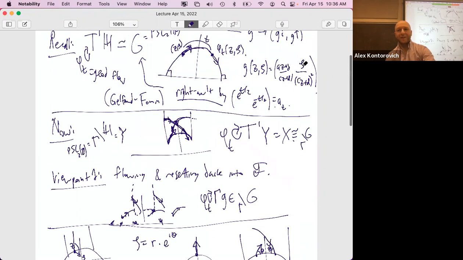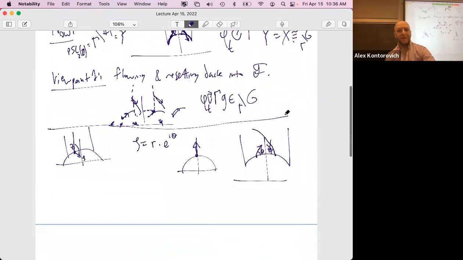Second action. So C is 1, D is 0, the element S in gamma. The second derivative. So all I get is zeta over Z squared.